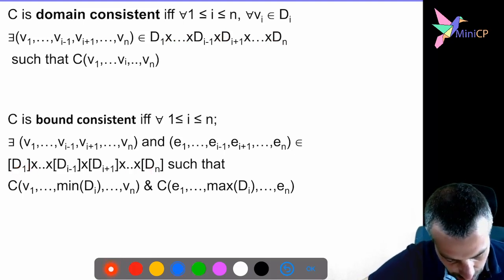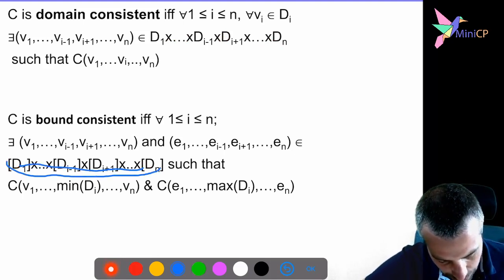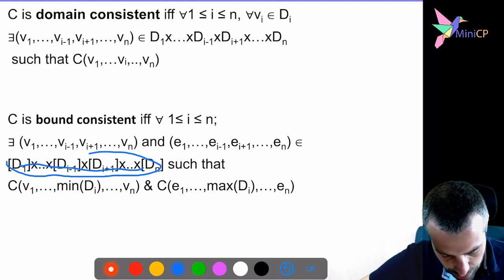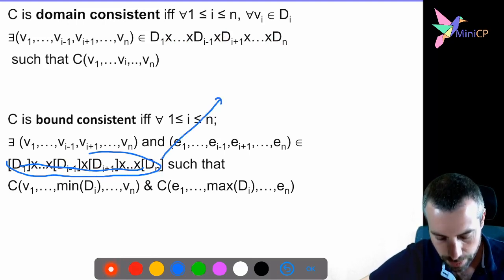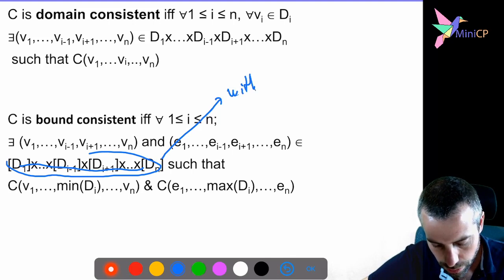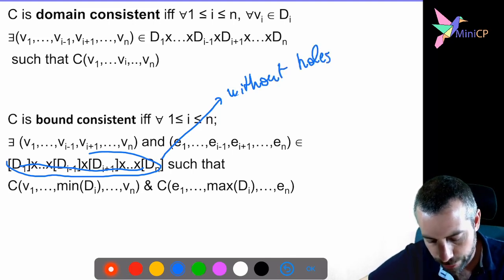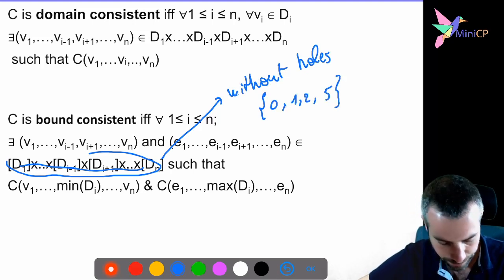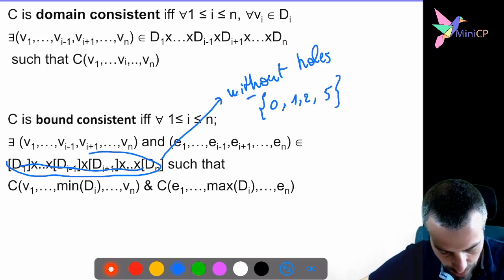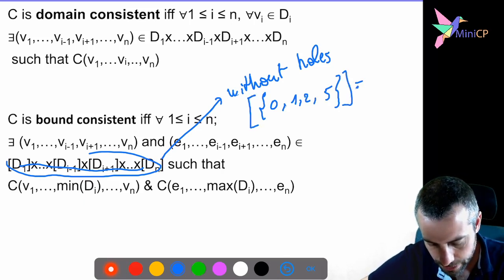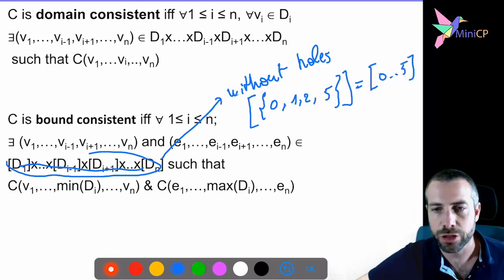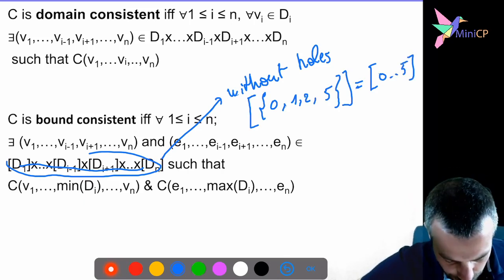And this notation that you find here means that it's the domain without holes in the middle of them. So if you have a domain which is 0, 1, 2, 5, okay, the extension of this domain is equal to the range 0 to 5. You see? I just filled in the gap in the middle of the domain.